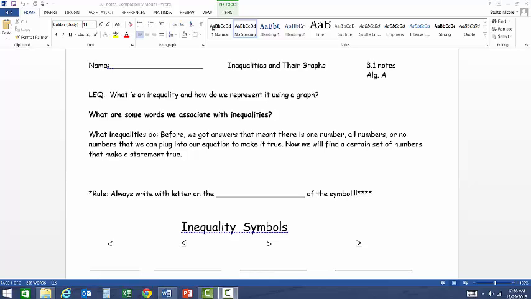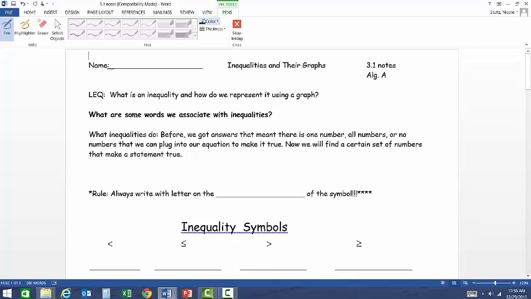This unit is going to be very similar to what we did with equations, except we're going to be dealing with things called inequalities and learning what they represent. So the first thing we want to think of are some words that mean unequal or not equal.